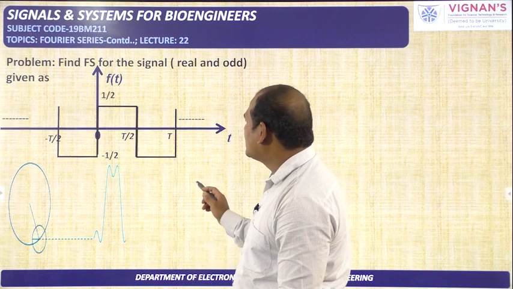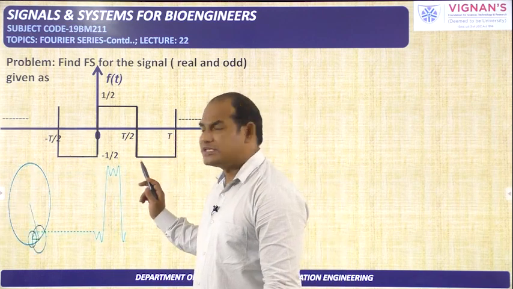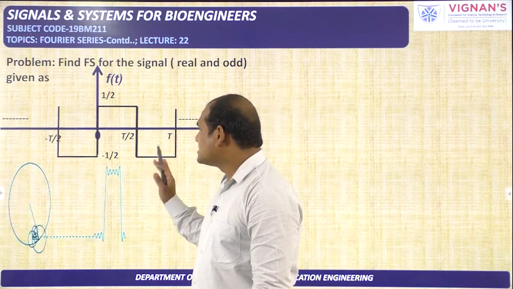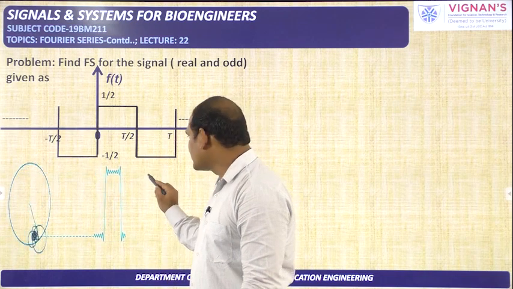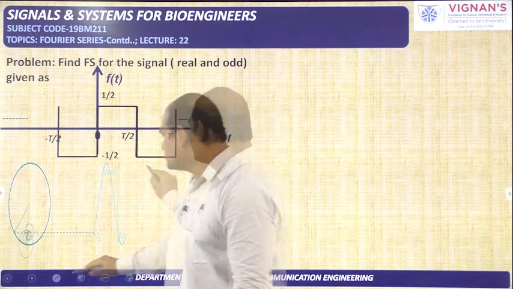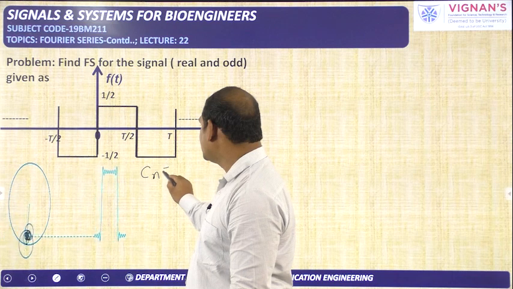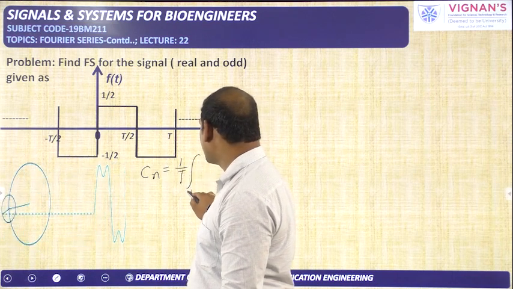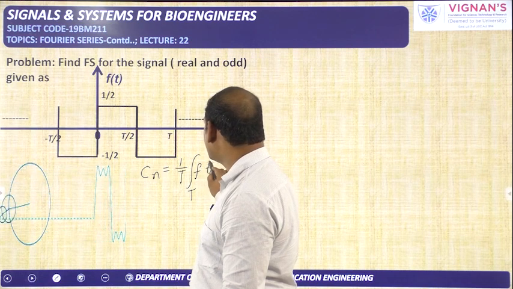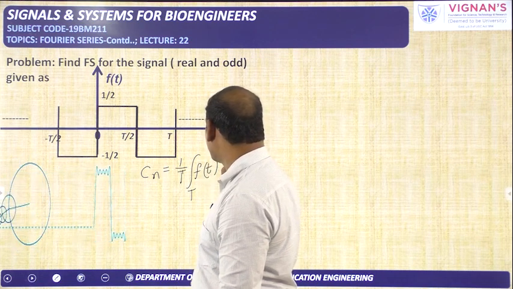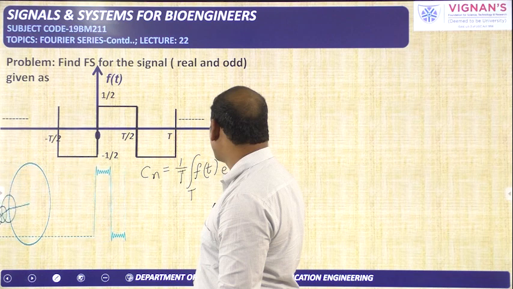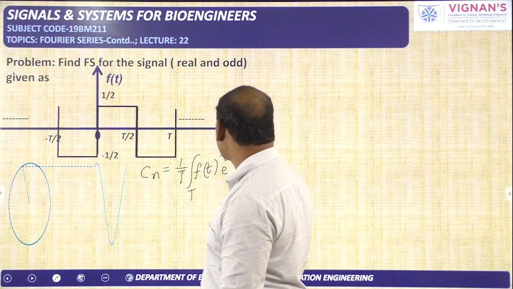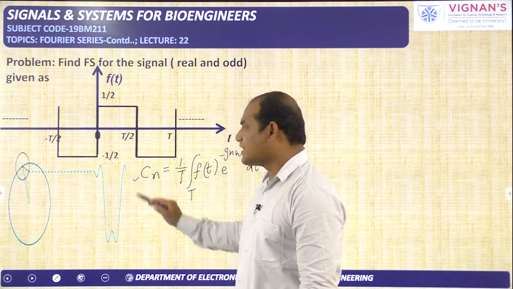First, I will tell how to do it using the Fourier series coefficient formula directly. So Cn is equal to 1 by T integral over time period f of t into e power minus jn omega naught t. By using this formula, you need to calculate the Cn value.